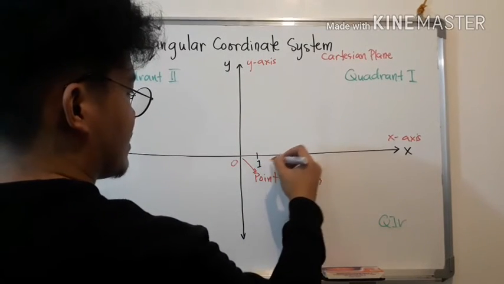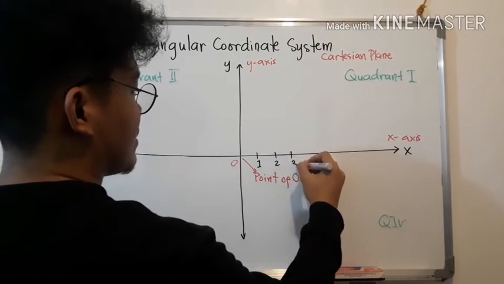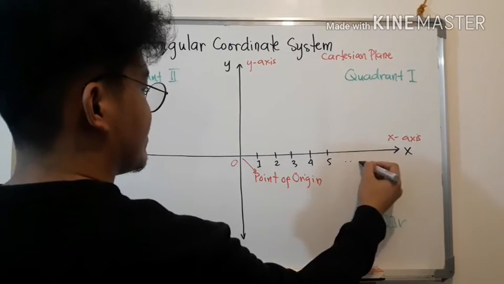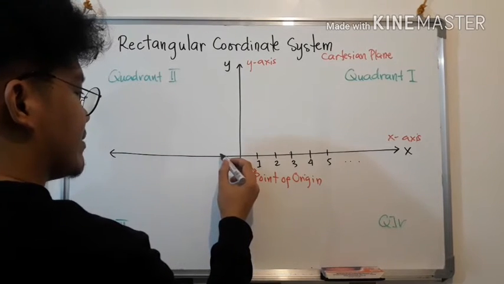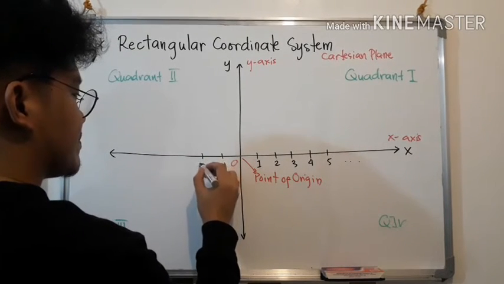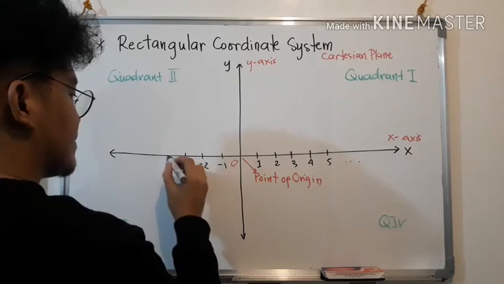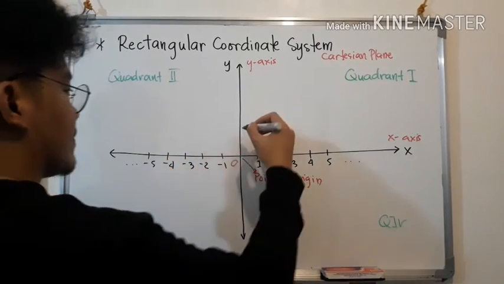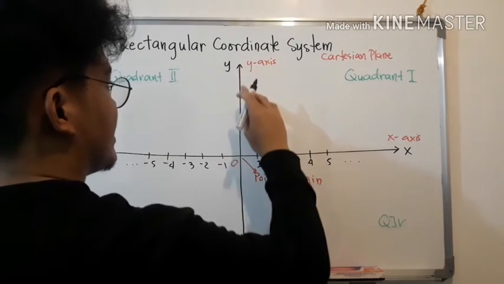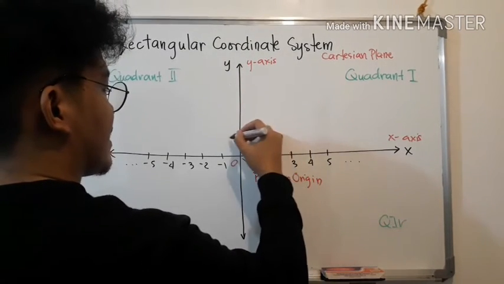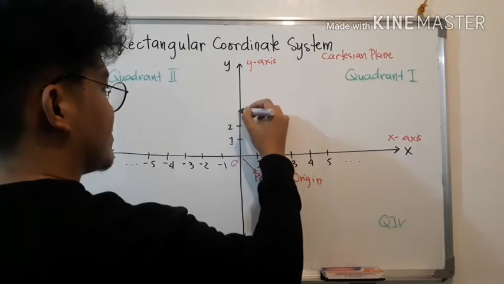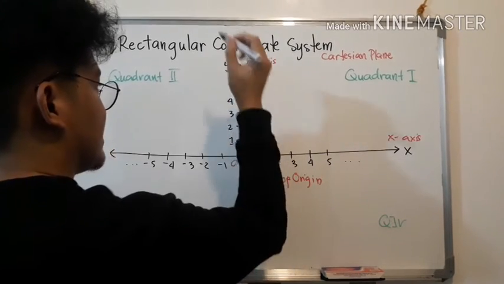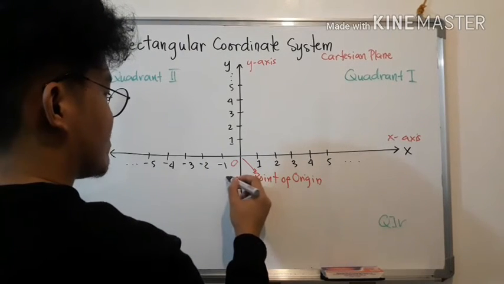Say this is positive 1, positive 2, positive 3, and to the left of the x-axis, the negative values, and the positive y-axis and the negative y-axis.